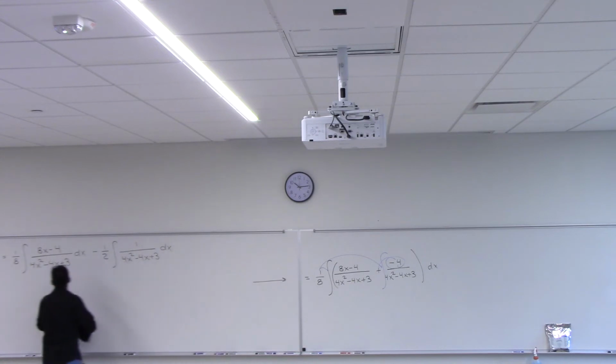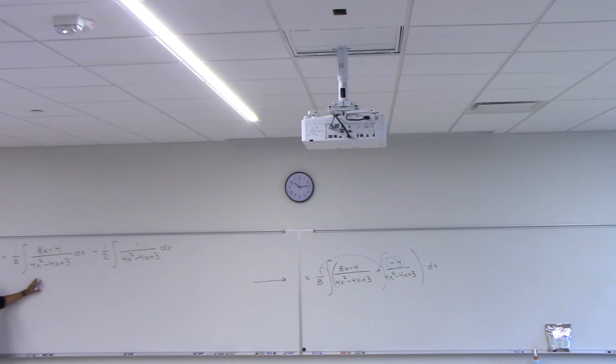All right, this one right here shouldn't require much thought because this is what I was hoping for, right? This was me making the substitution u is 4x squared minus 4x plus 3. The derivative of that would be 8x minus 4 dx, which is exactly what I have on top. And so this turns into 1/8 integral of 1 over u du.